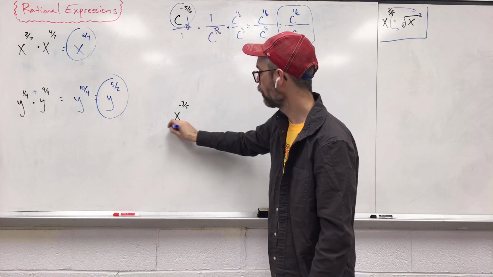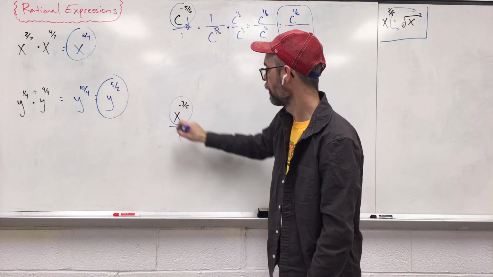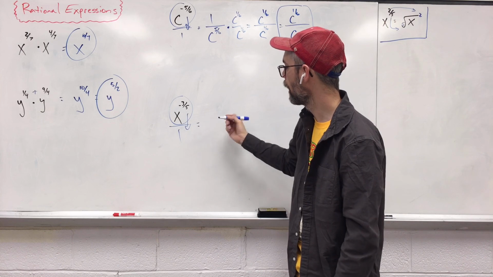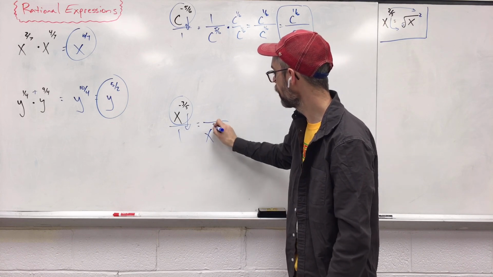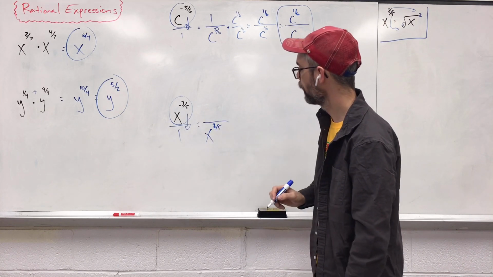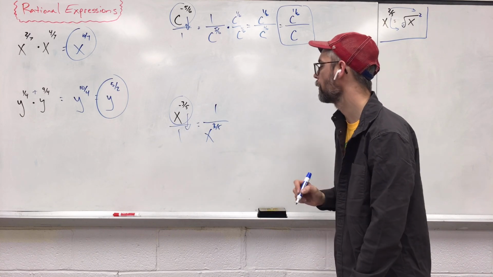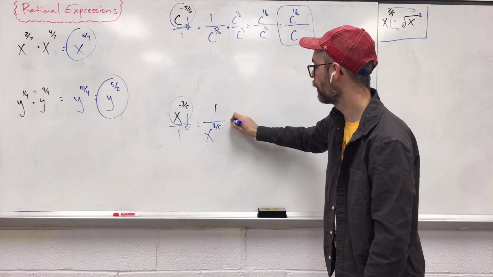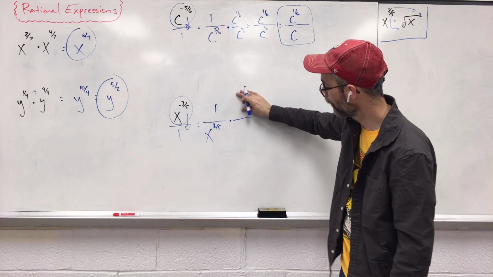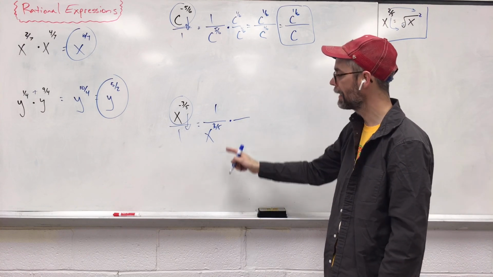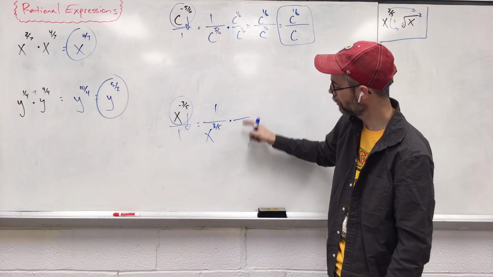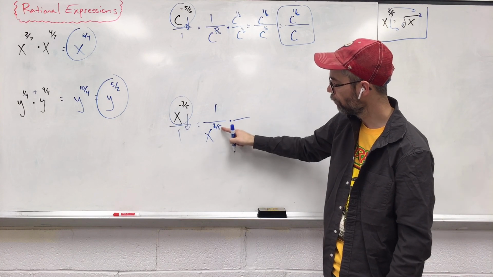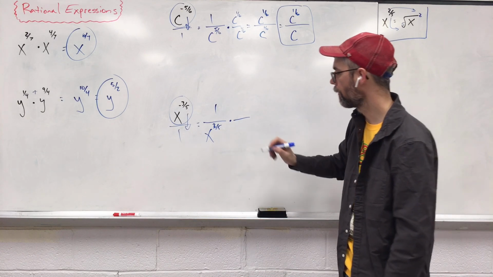negative exponent, don't like. Turn it to a fraction. This whole thing has to move to the bottom. So x to the positive 3/5. We need a placeholder, so you put a 1 up there. I need to multiply by a value of 1. So I'm going to have something over itself. In this case, I want whatever's going to be here to help cancel out that 3 over 5.